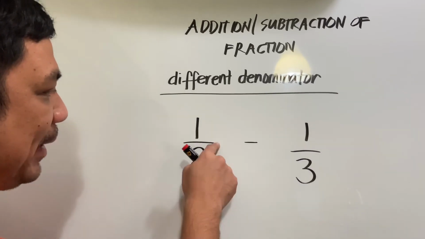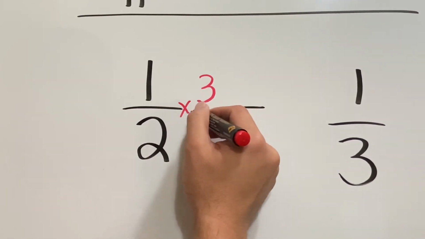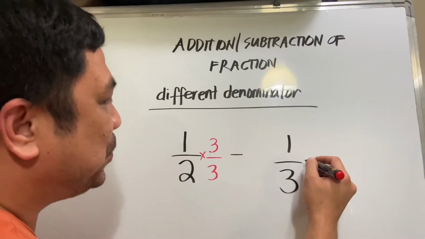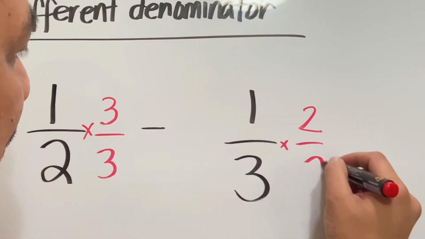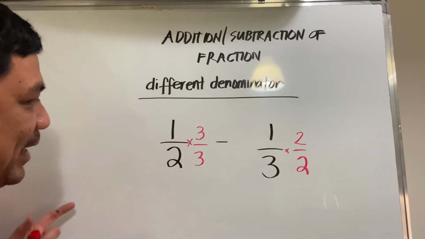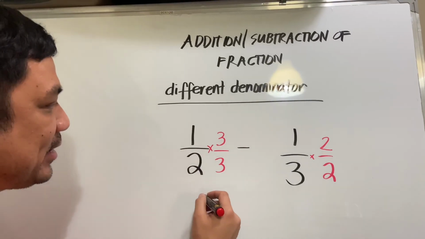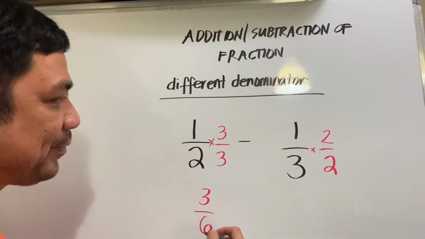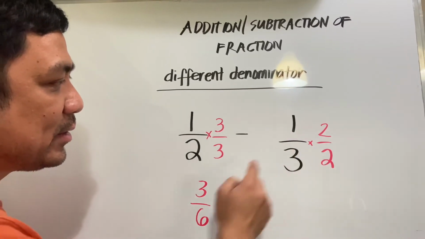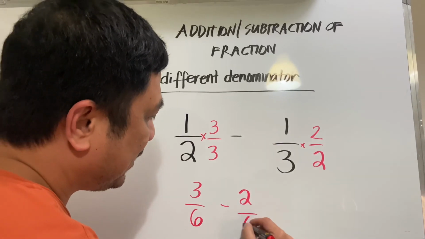Say, if I multiply 1/2 by 3/3, and then I multiply 1/3 by 2/2, in this case, I'll have a transformed fraction, which is 3/6, minus now, sorry, 2/6.